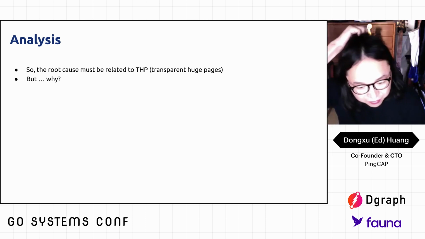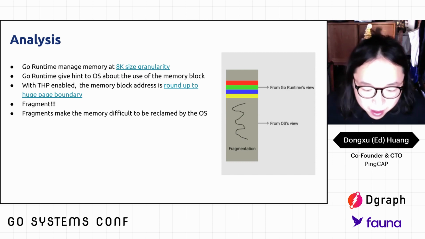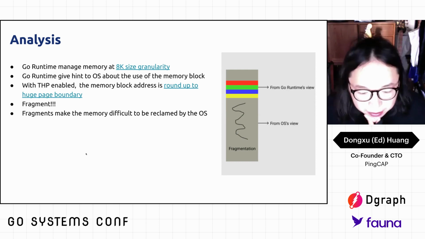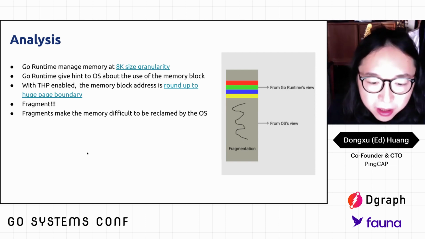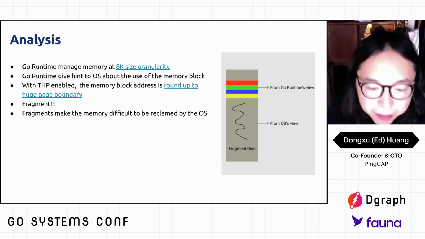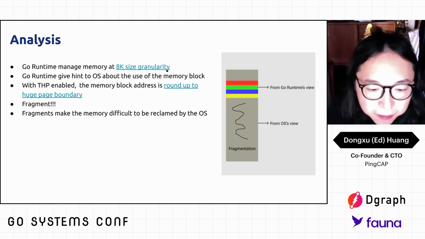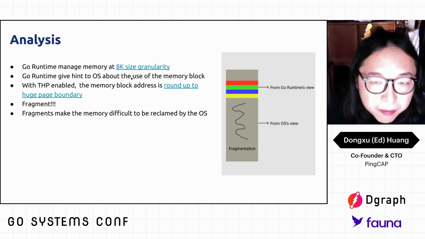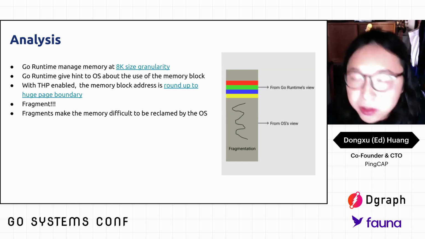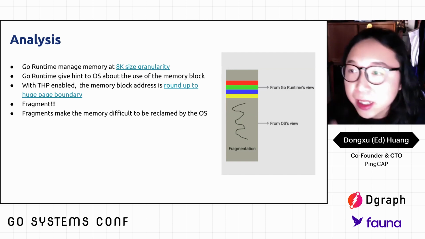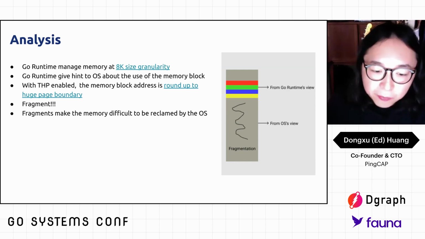We check the source code of Go's runtime, and we think that Go's memory management is still at 4KB page granularity, and Go's runtime uses an API called the madvise function to notify the operating system about the certain size of memory to use.